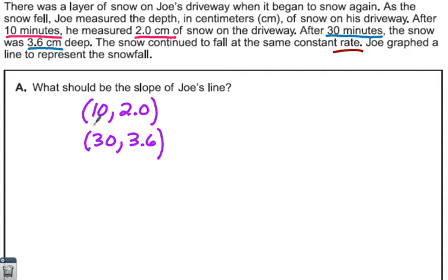So when we calculate the slope, it's going to be centimeters per minute, which makes sense. The rate translating into the slope, that rate is going to translate into centimeters per minute. And so it does make sense for the number of centimeters to be our y coordinates, and the number of minutes to be our x coordinates.